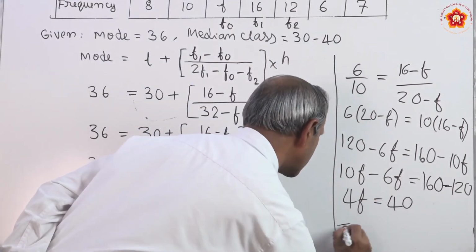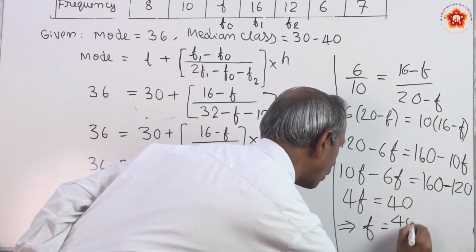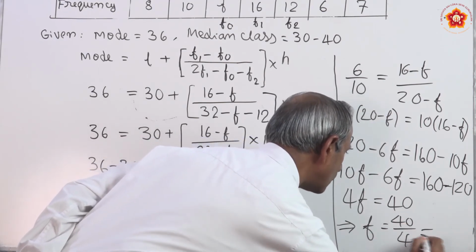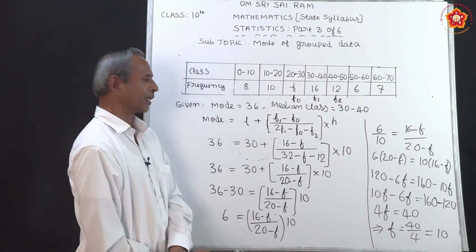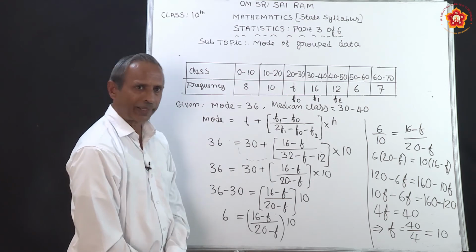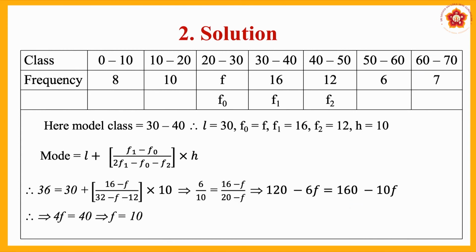That implies f is equal to 40 by 4, that is equal to 10. So the value of missed frequency is 10 here. Now we have got the value f is equal to 10, that is the missed frequency value.